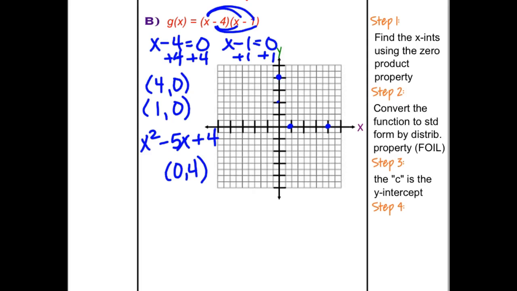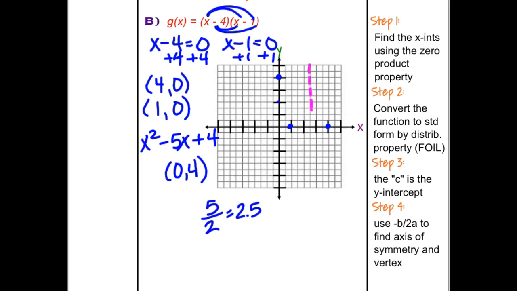Right, I'm using the tick marks today. And then opposite of b over 2a to find axis of symmetry and the vertex. So opposite of b, so that'll be 5 over 2, which is 2.5. So that means my axis of symmetry is at 2.5, which is right here. That's why I use the tick marks as 1.